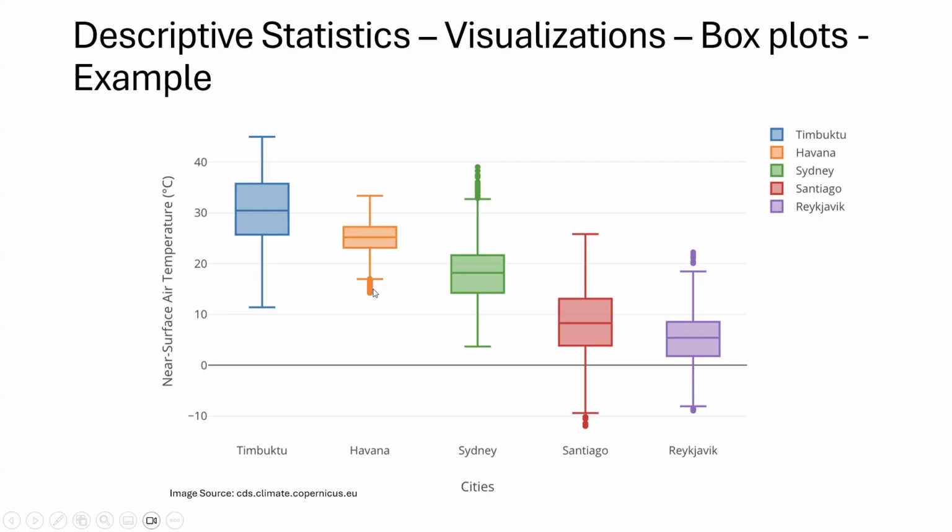And sometimes the temperature actually goes below on the lower side to very extreme values. Or here we have outliers on the upper side. So this means at this location, sometimes the temperatures, they go to extreme values on the upper side.